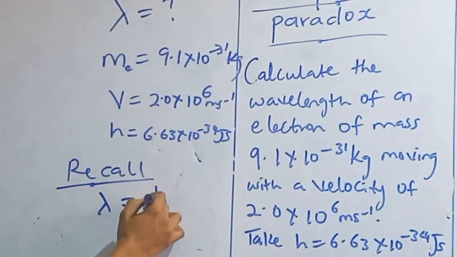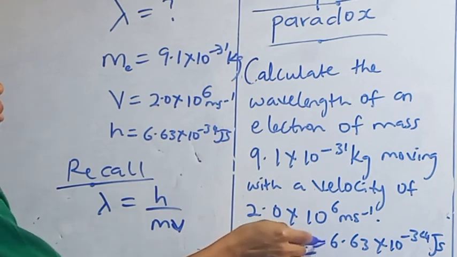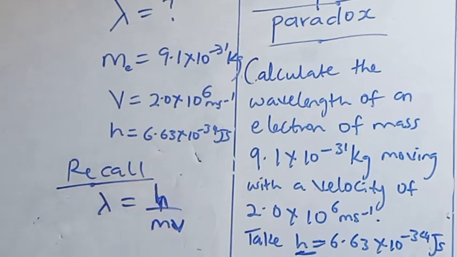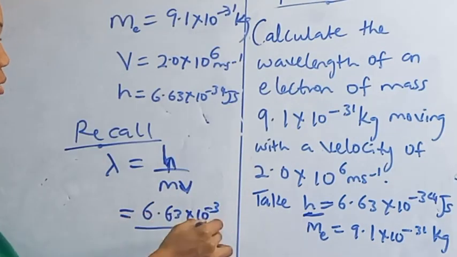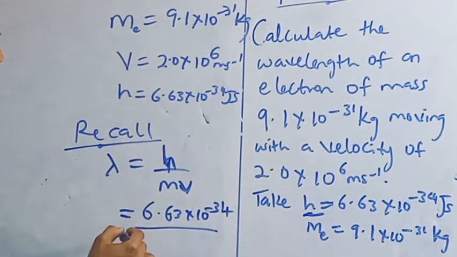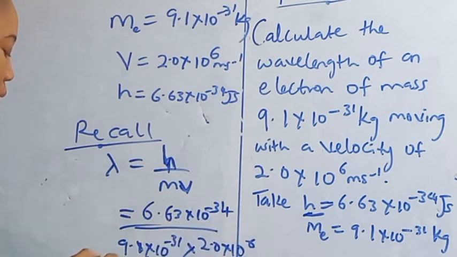Then lambda is equal to h over mv. Remember, they won't write this Planck's constant for you like this. In exam, sometimes it will be written as Planck's constant, so it's you that will know that it is h. Then you put it: 6.63 times 10 raised to power minus 34 over mass of the electron, 9.1 times 10 raised to power minus 31, times v, which is 2.0 times 10 raised to power 6.